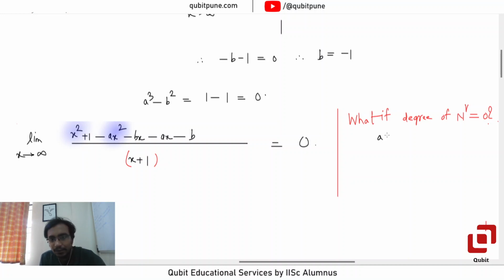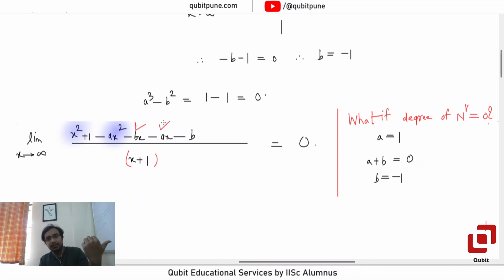A's value won't be different. A's value would still be 1, right? But what about b? Okay, a plus b in that case should be 0, but that will also give us b as negative 1. Have you understood this? What did I do? I went for the coefficients of x now, which are negative b and negative a.